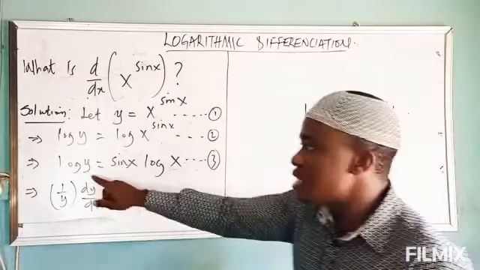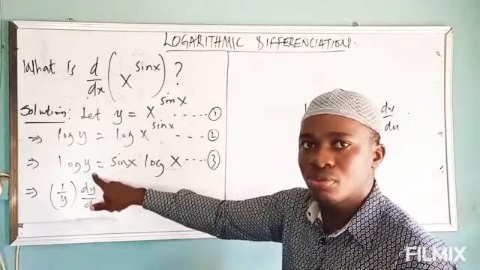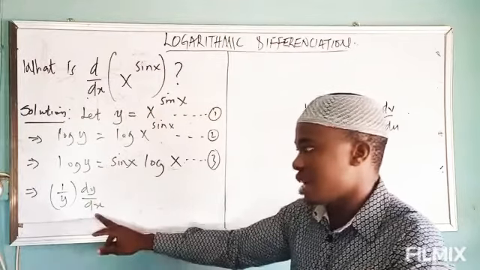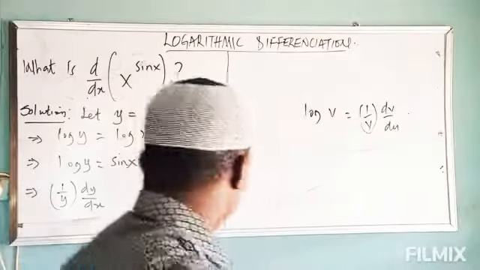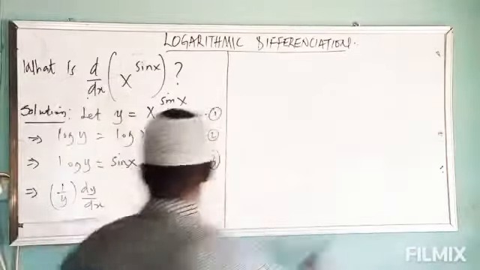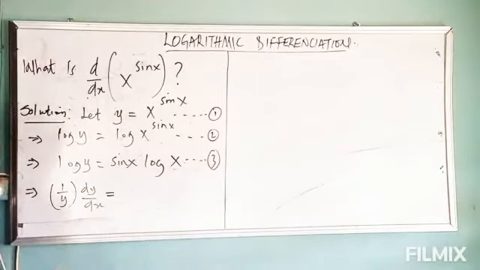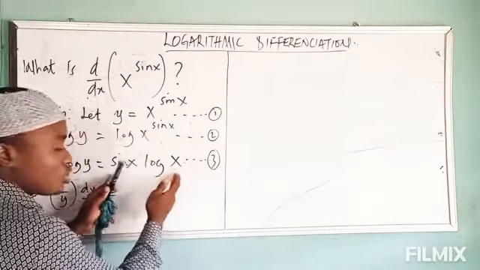Actually, we need y. Understand? So y is our independent variable, but the variable we want to differentiate with respect to is x. You understand? So that's about that. So now we try to differentiate this one also. Differentiating this one, you differentiate this, you keep this, then we want to use the product rule here.